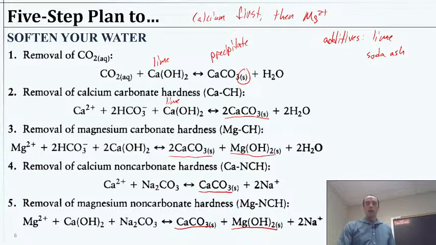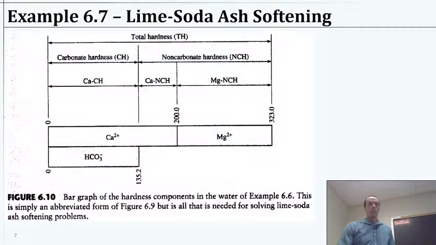Okay, if we were to draw this up in a diagram, we could see we have some total hardness across the entire thing here. Some portion of it will be this calcium carbonate hardness, CaCH. So if we remove that portion, what's next is some amount of calcium non-carbonate hardness.